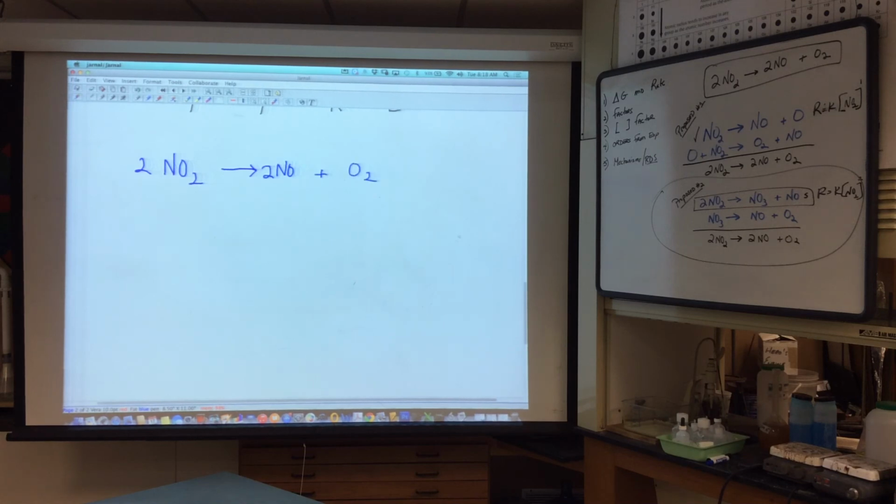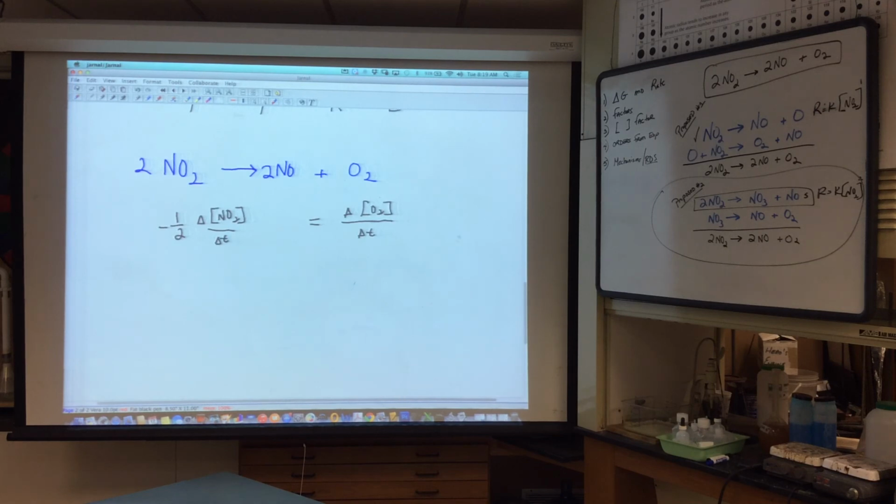Now, here's some things you need to be careful of. There's some designation here. I can say the following different things. With respect to O2, the change in the concentration of O2 over the change in time is equal to negative 1/2 the change in the concentration of NO2 over the change in time.